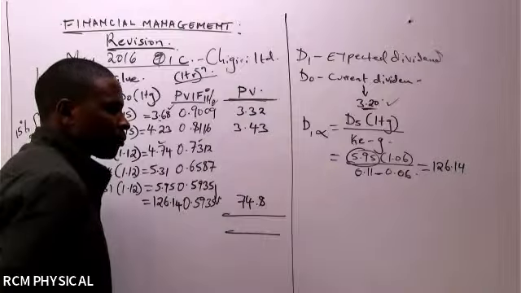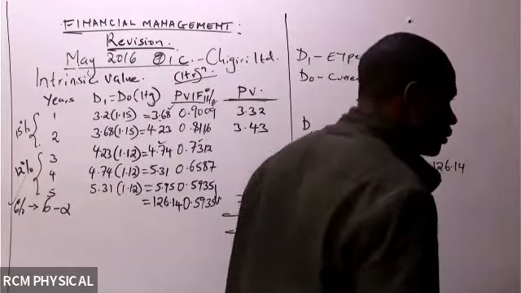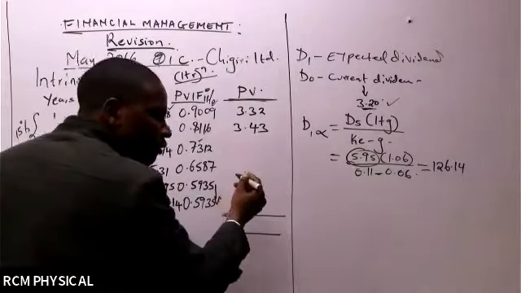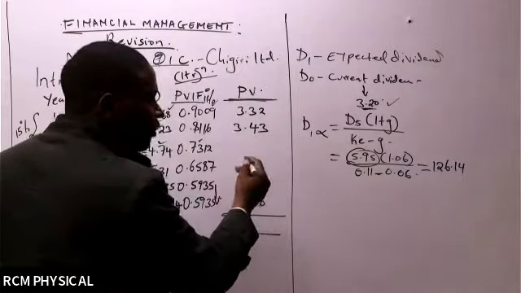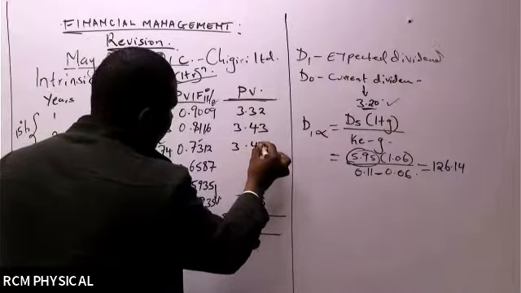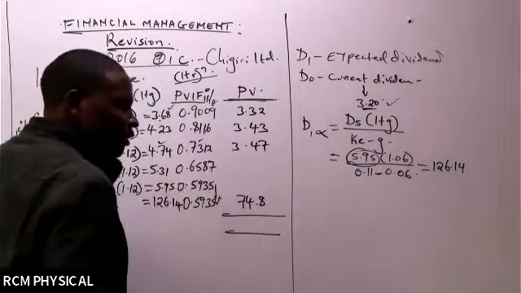Nipatie hiyo. Ama imehang. It's very okay. So give me this. 3.47. Then give me this. 3.47.